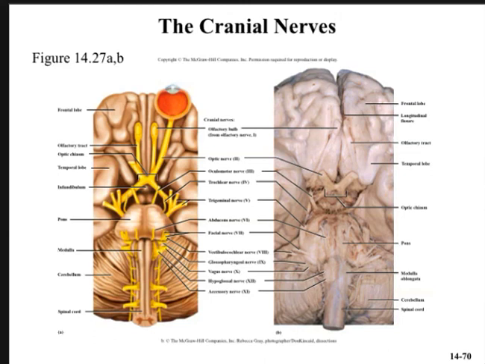And what you're looking at here is an inferior view of the brain. Let's make it clear what we're seeing. Okay, there's the medulla oblongata. Okay, there's the pons, and the midbrain is going to be tucked up under here. These are the cerebral hemispheres. And then if we wanted to look at each of these nerves in their actual position, the way that these nerves are numbered is from rostral to caudal.